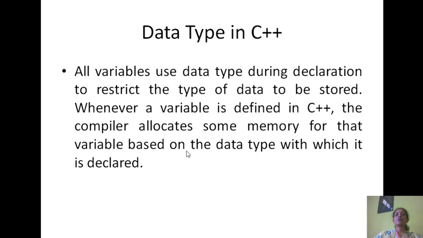If we have to store a numerical value in one variable of the C++ programming language, then we can declare that variable as either an integer or a floating type variable. These are the two basic types of C++.